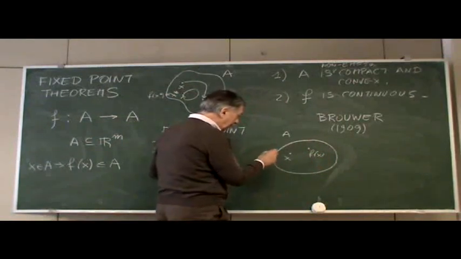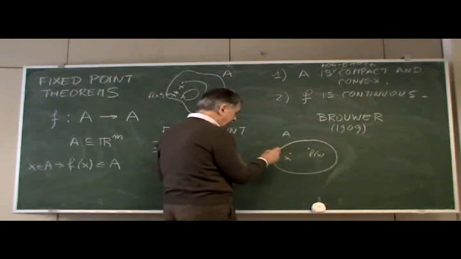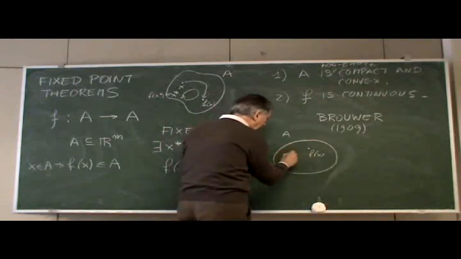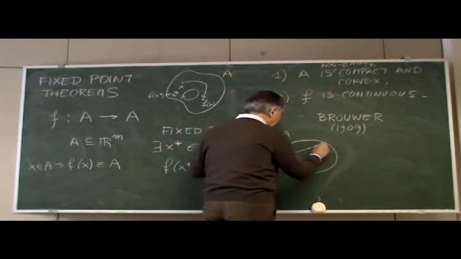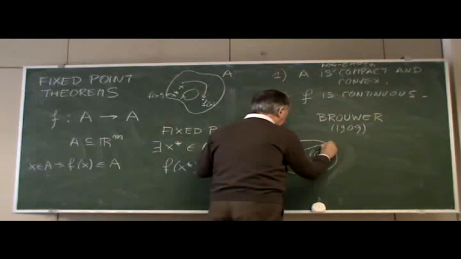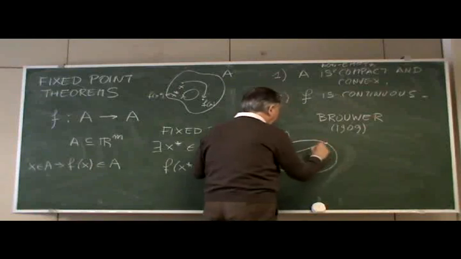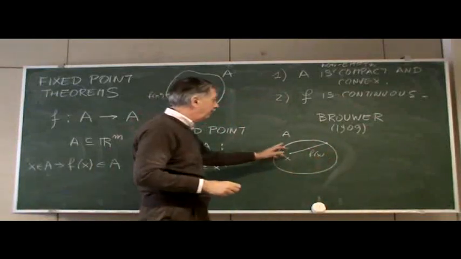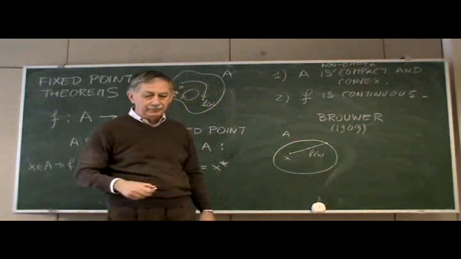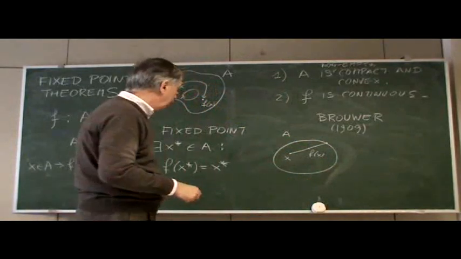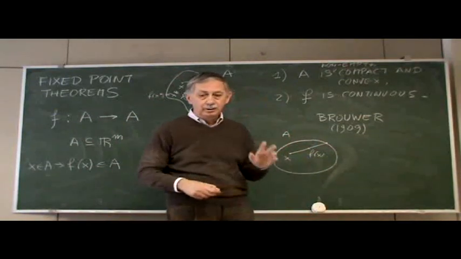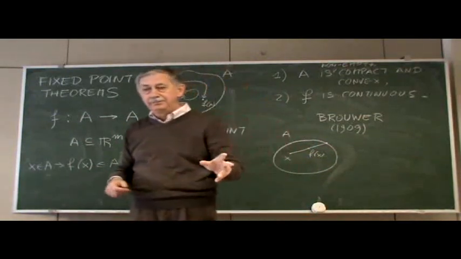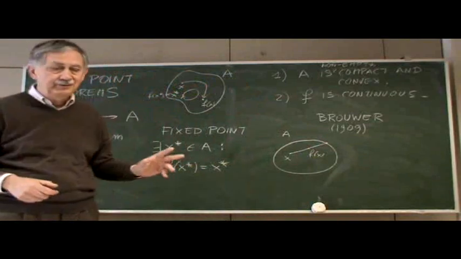So f of x generates a direction from x to f of x which, after a stretch, encounters the boundary of A. It is obvious. Only if f of x were equal to x, this direction would not be defined.